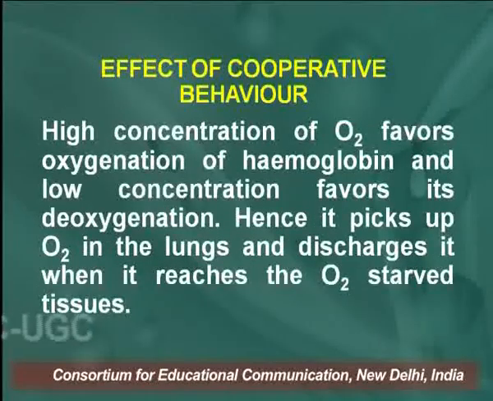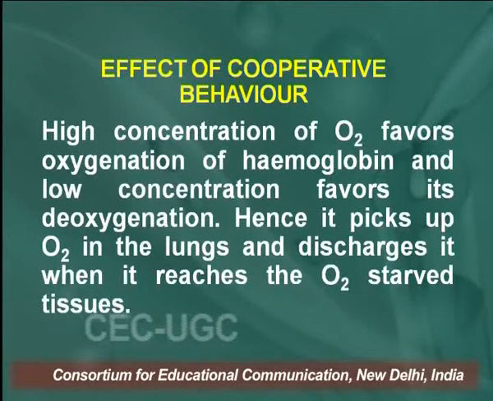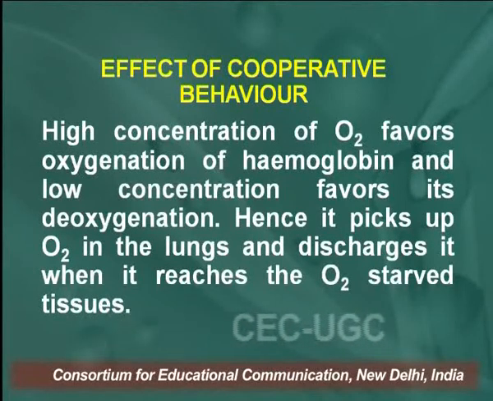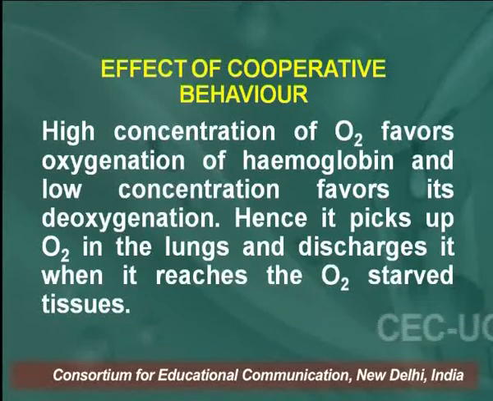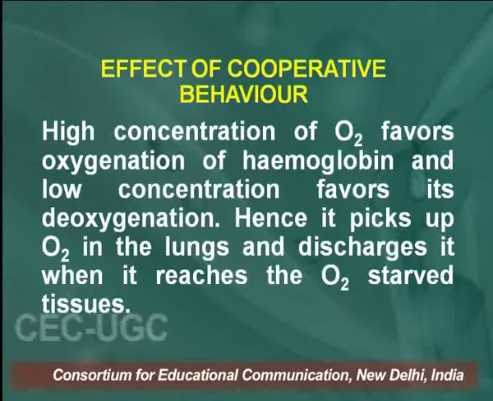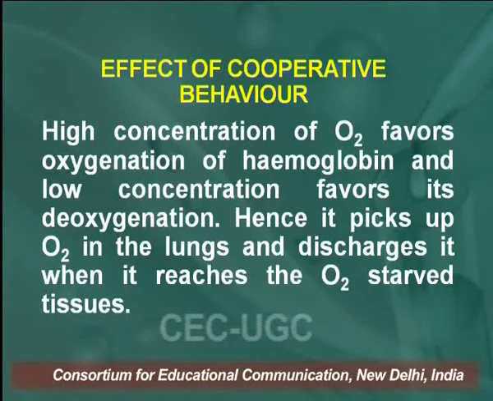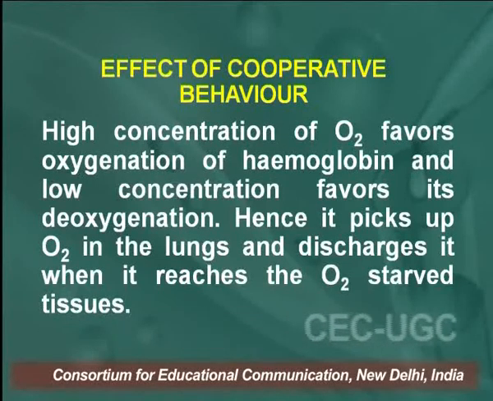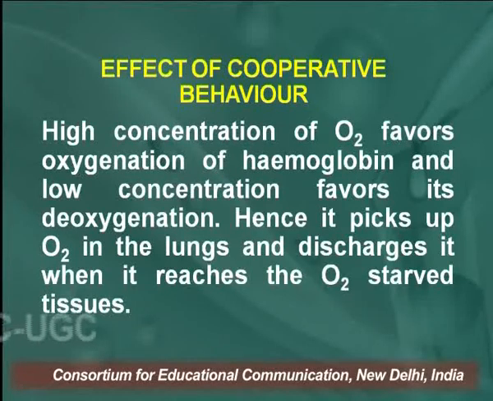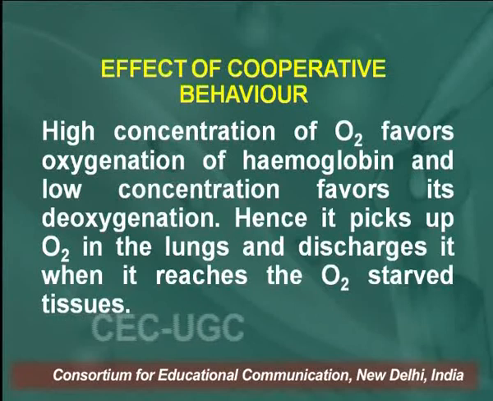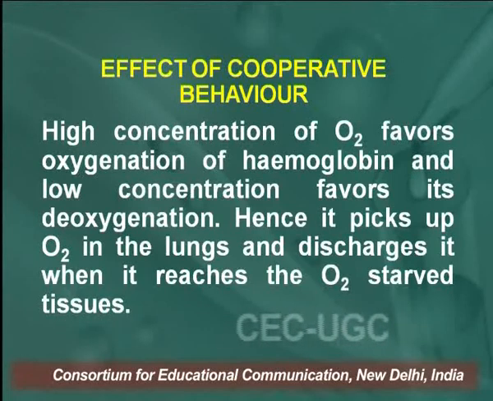Now understanding the effect of cooperative behavior, the high concentration of oxygen that is in the lungs favors oxygenation of hemoglobin. It means that in the lungs hemoglobin picks up oxygen and becomes oxyhemoglobin, and the low concentration of oxygen favors its deoxygenation.